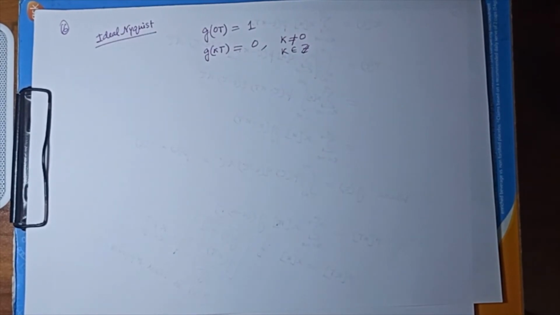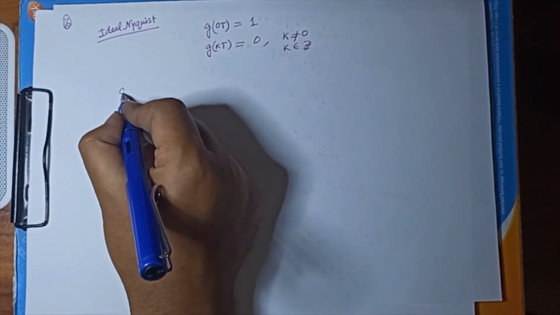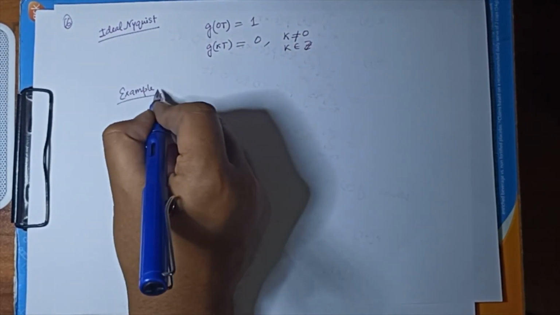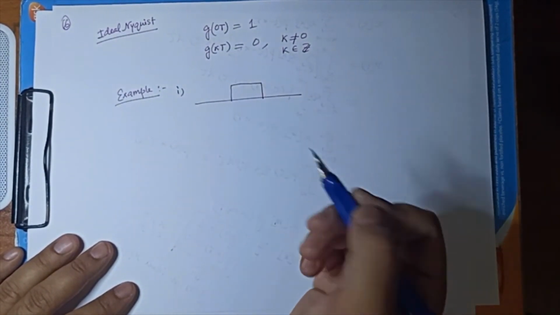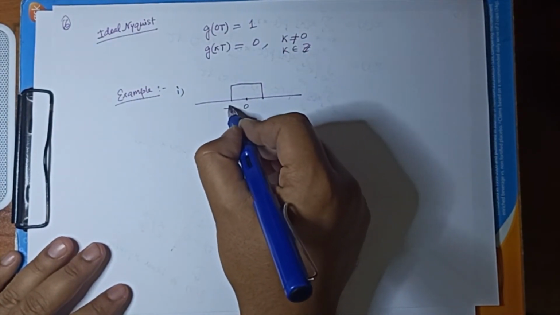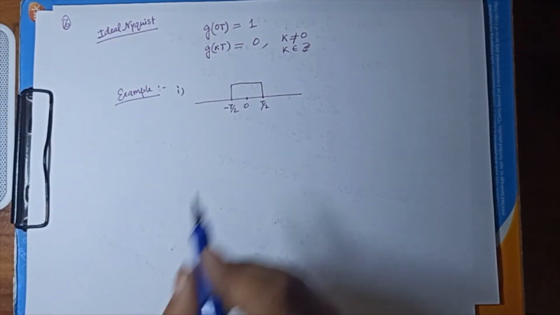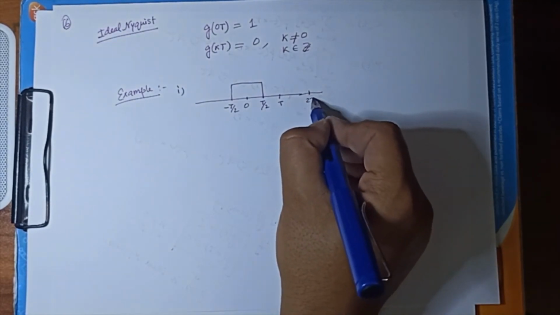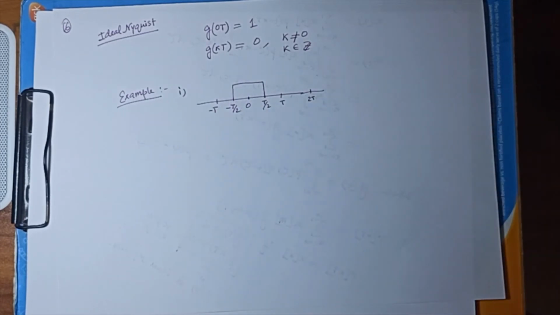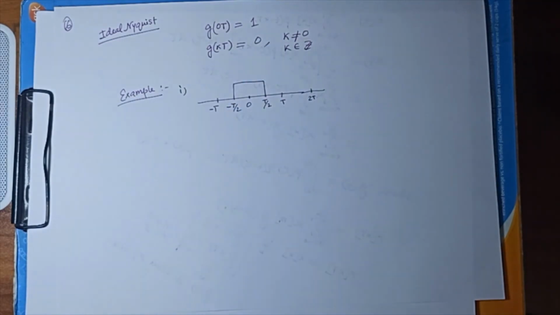So for example, one is the rectangular pulse, say from minus T by 2 to T by 2, or 0 to T also, no issue. You can see that at every other multiple of T, everywhere this is 0. At 0 it is 1. So this rectangular pulse is ideal Nyquist, no issue.